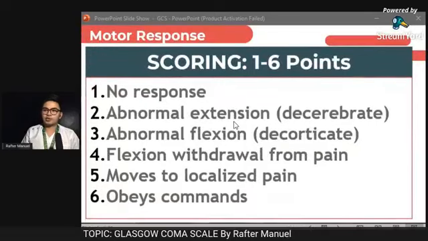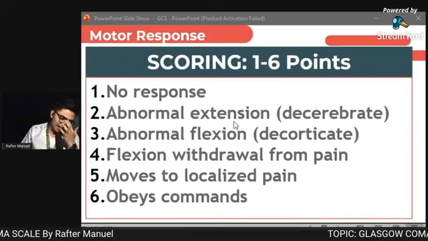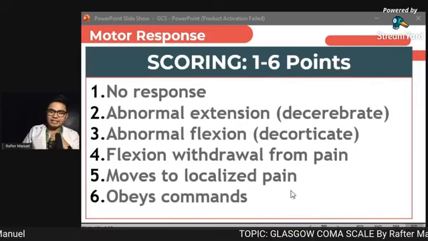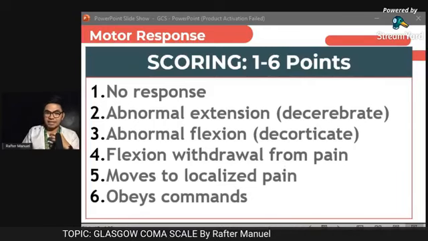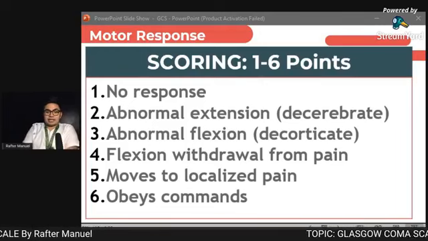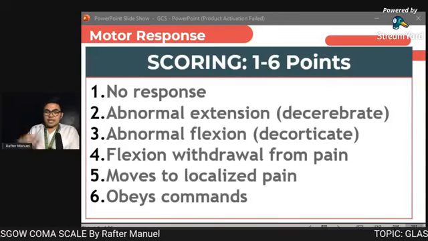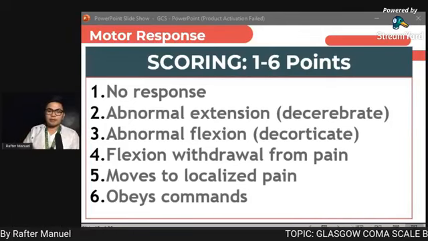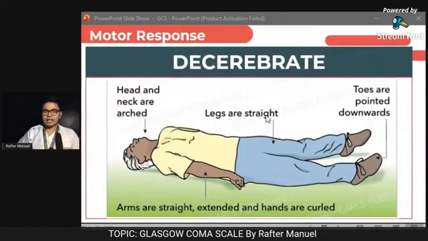So again, moving to the worst response that you can get from your patient aside from no response is the abnormal extension. Ito po yung tinatawag natin na decerebrate. You see, if the patient presents extension accentuated by painful stimuli, you pinch the chest of the patient and your patient would extend his arms, you would give the patient 2 points. So now, among these two, this is what decerebrate looks like.